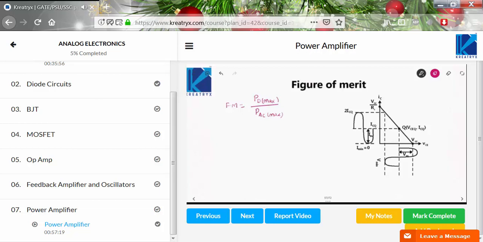One is partly converted into useful AC power, one is partly dissipated in the transistor, and one is partly dissipated in the load, right? Then the total power P_DC is the sum of the 3 powers: useful AC power, power dissipated in the transistor, and power dissipated in the load.